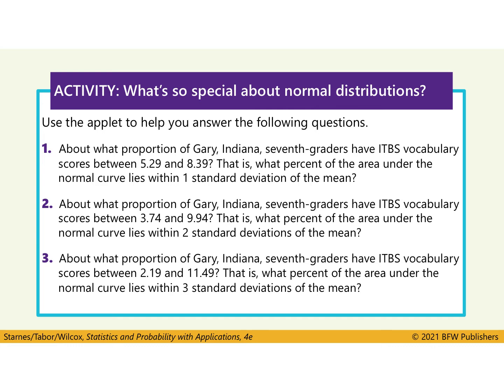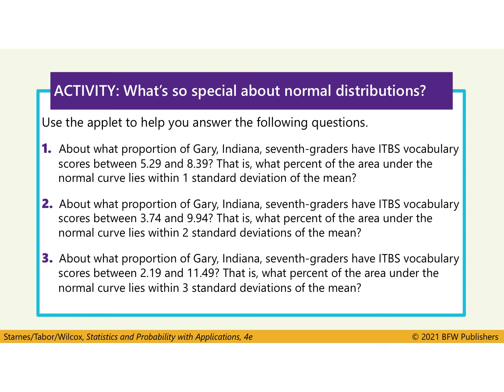About what proportion of Gary, Indiana 7th graders have an ITBS vocabulary score between 5.29 and 8.39? That is, what percent of the area under the normal curve lies within 1 standard deviation of the mean? That's 1 standard deviation from the mean on both sides, right?